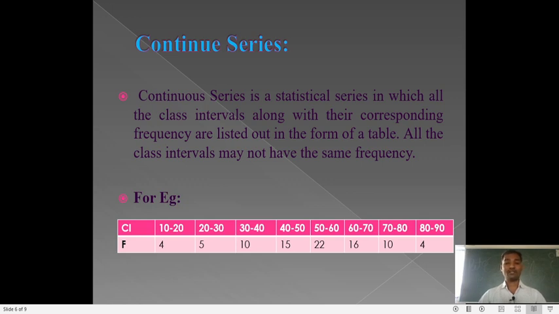All the class intervals may not have the same frequency. Okay. So in a continuous series there are class intervals. Here is an example, with class intervals denoted by CI: 10 to 20, 20 to 30, 30 to 40, 40 to 50.